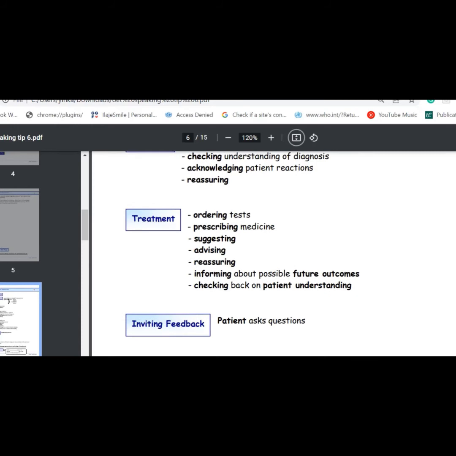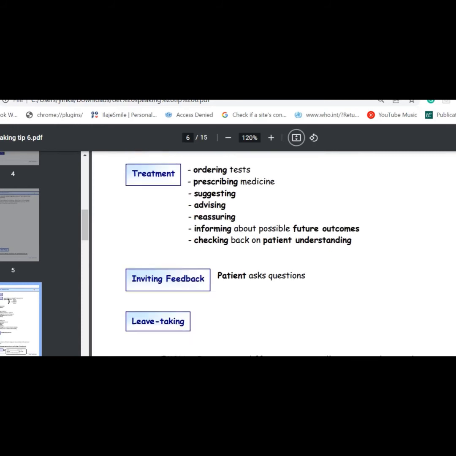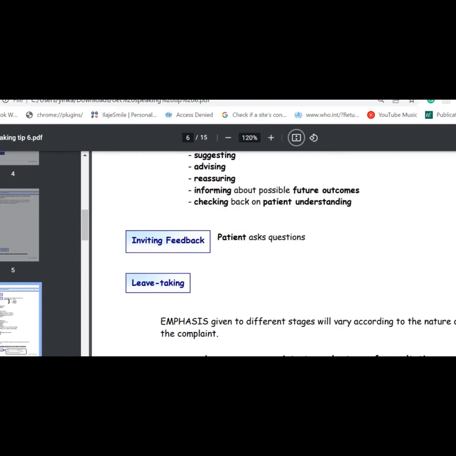Now, the next stage is inviting feedback. You must be able to let the patient ask you questions. Very important. If the patient doesn't ask you questions, then you can also ask questions from what you have said to really establish that the patient understands. Now, leave taking is the last stage. How do you leave the patient?